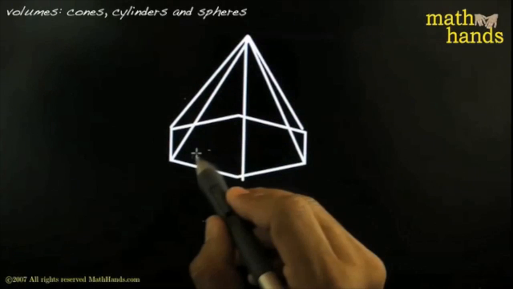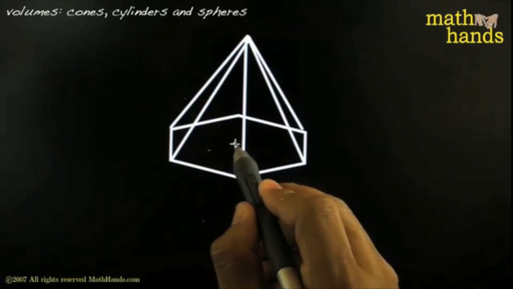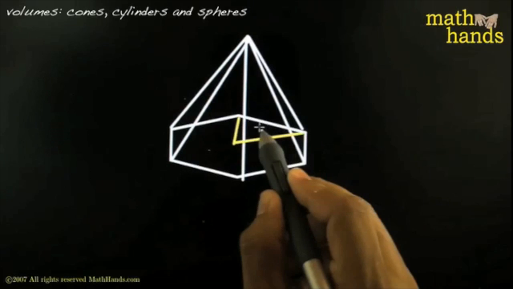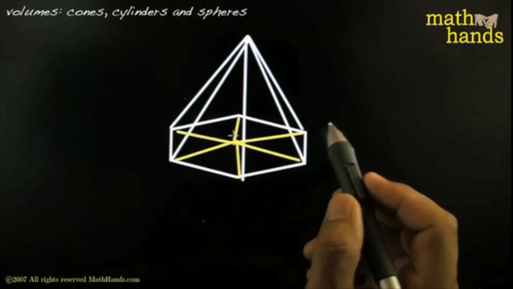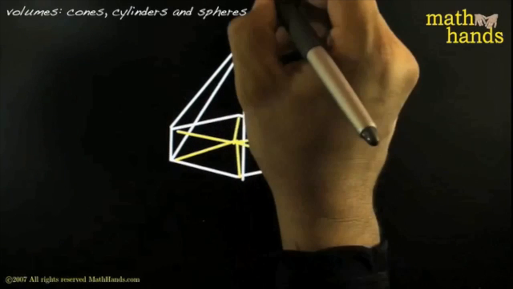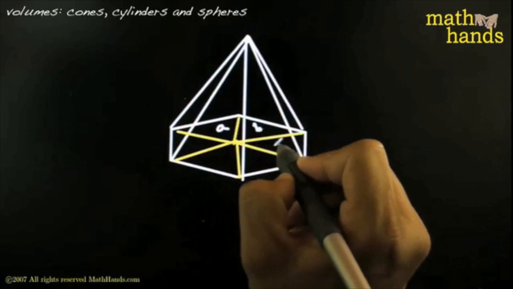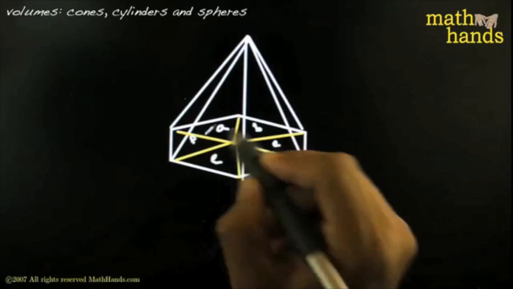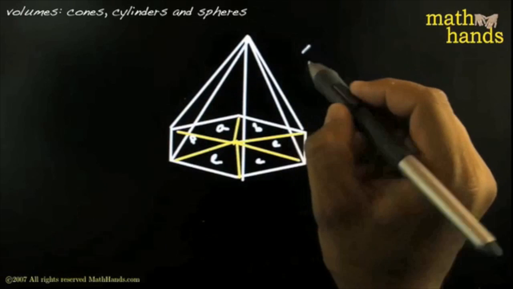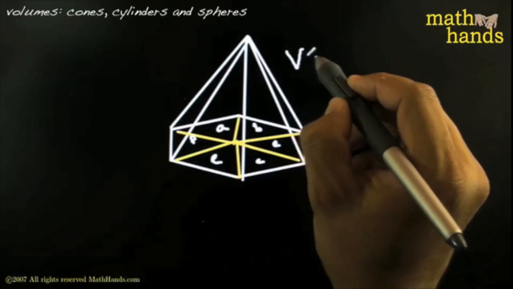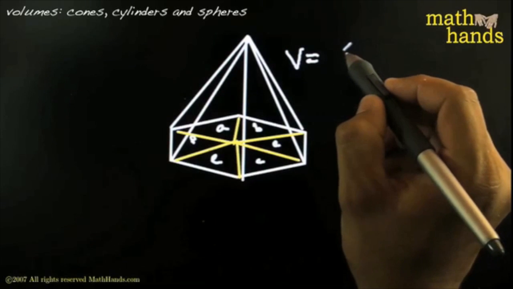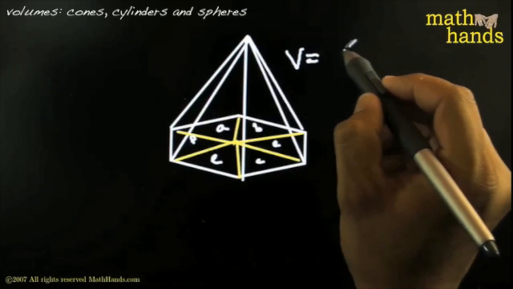Because look, you could break this up into a triangle bottom, another triangle, another triangle, another triangle, another triangle, and you break it up into little areas. You call this one A, B, C, D, E, F, and eventually the total volume could be thought of as the sum of the little pieces.